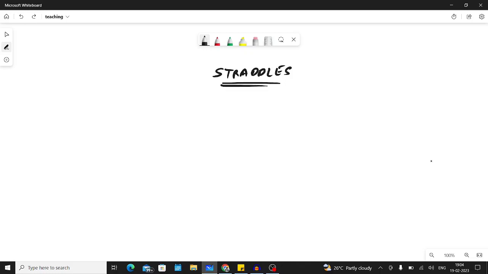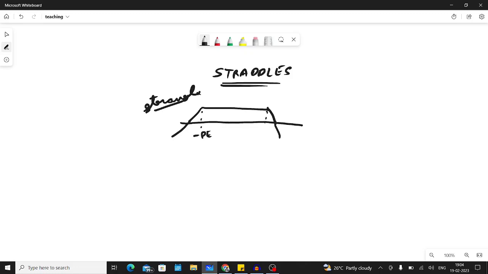So how does a payout graph of a strangle look like? So this is a strangle. So let's say we sold a put option here and we sold a call option here. So this is the profit area, right?